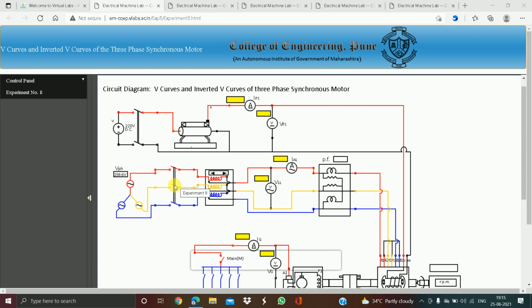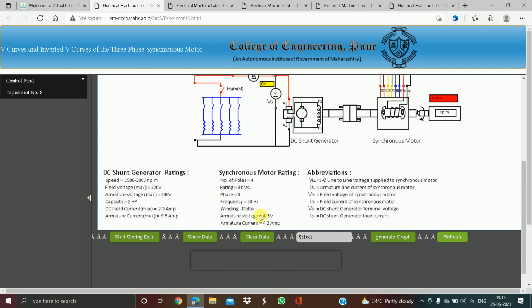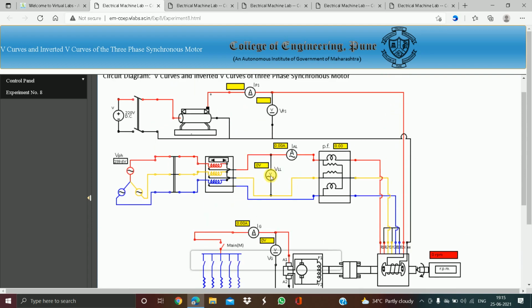Initially, this alternating power supply switch is closed, and by varying this, we can change the voltage to the rated voltage, that is 415, the synchronous motor rating voltage.